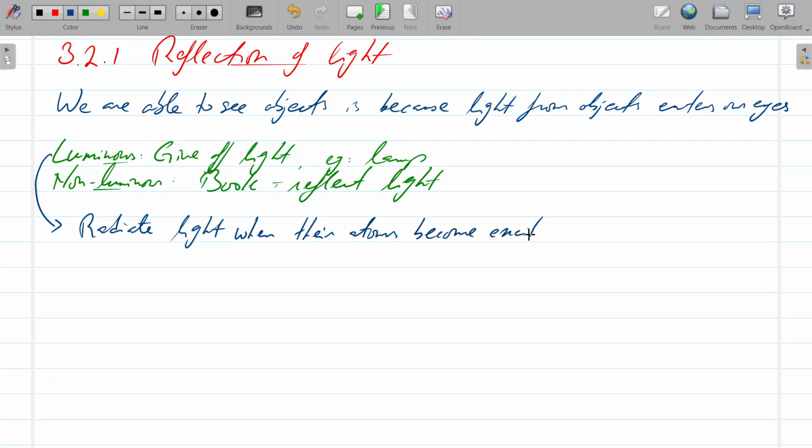And excited here means they go into a high energy state, as a result of receiving energy.